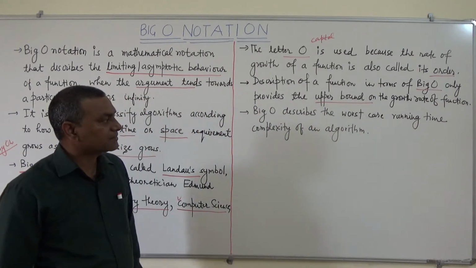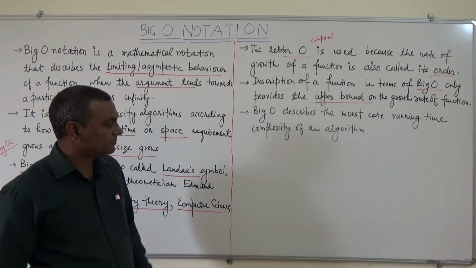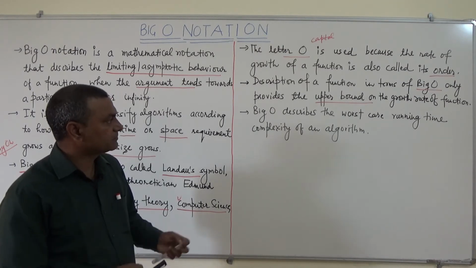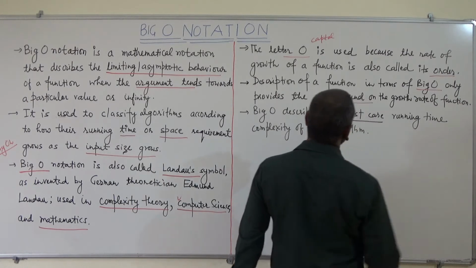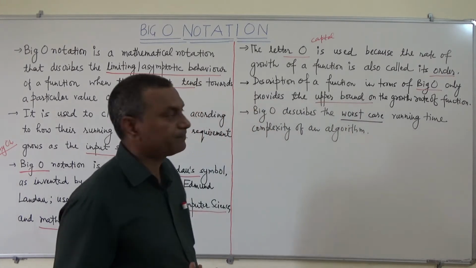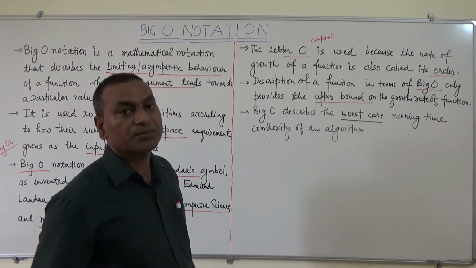Big O describes the worst case running time complexity of an algorithm because it deals with the upper bound on the growth rate of the function.